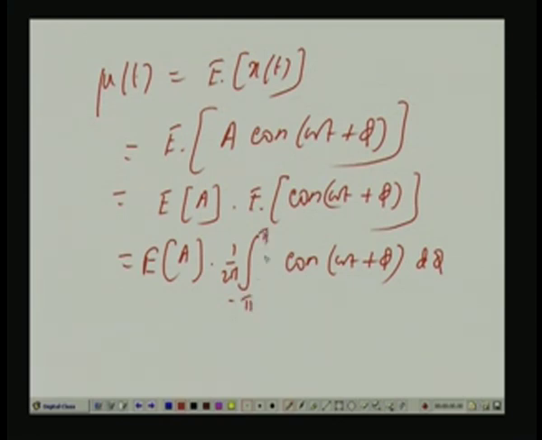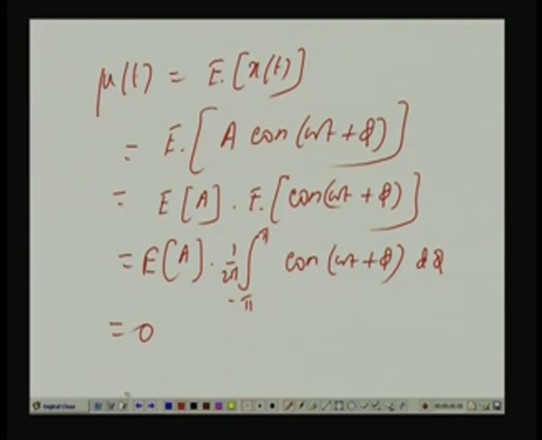That was the probability density, uniform from minus pi to pi, and within that range the probability density of phi takes the constant value 1 by 2 pi, which goes outside the integral. Now, this is a sinusoidal integral, right? It is varying with phi, and you are integrating it over one full period of phi from minus pi to pi. Obviously, it is sinusoidal, so the integral will be 0. You all know any sinusoidal function when integrated over its period, whether it is sine or cos, leads to 0. So, this will give rise to 0. So, mean is 0.